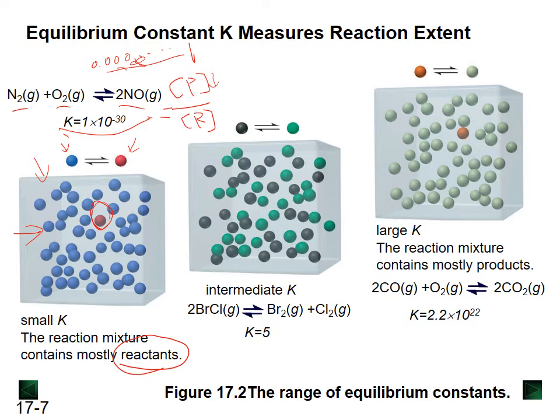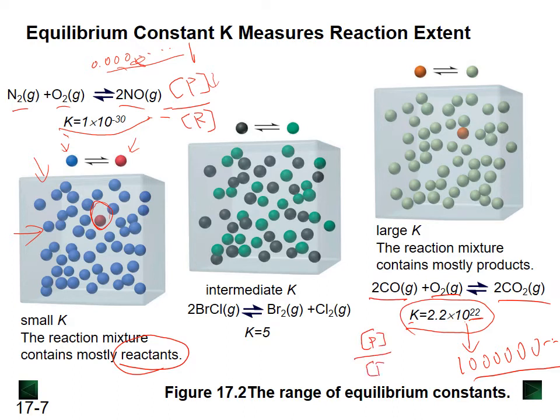Okay, let's look at another reaction. CO and oxygen forms CO2, and this has a very large K constant, 10 to the 22nd power. 10 to the 22nd power means you have 22 zeros. That's a huge number. And again, K is the product divided by reactants.